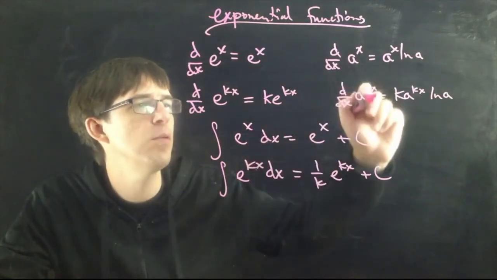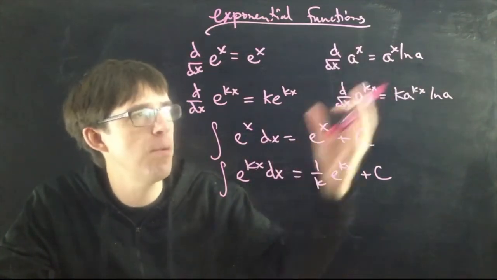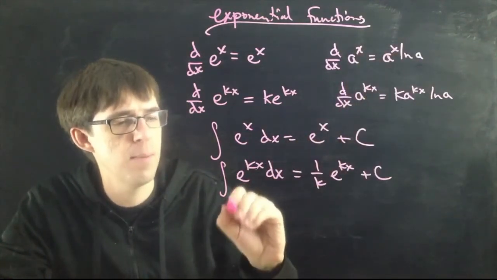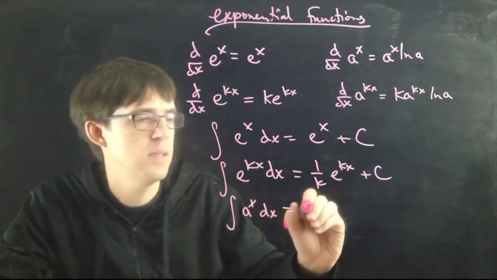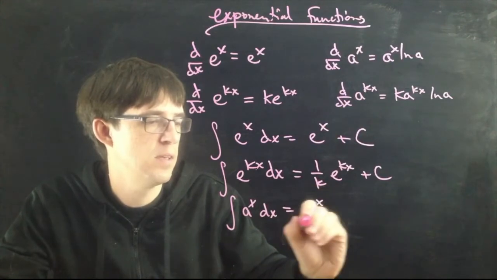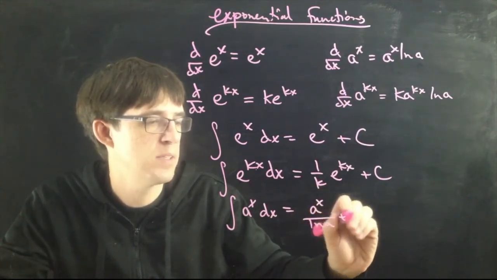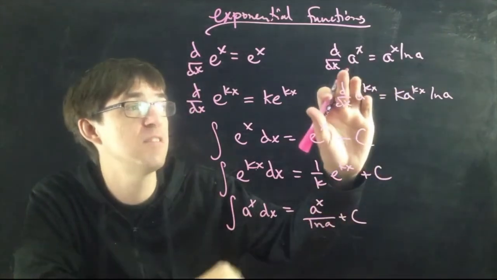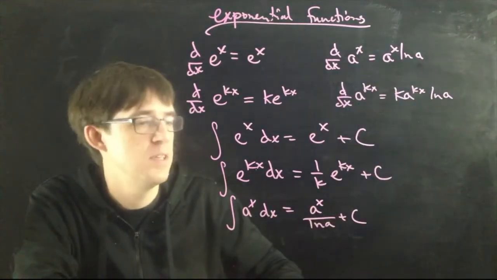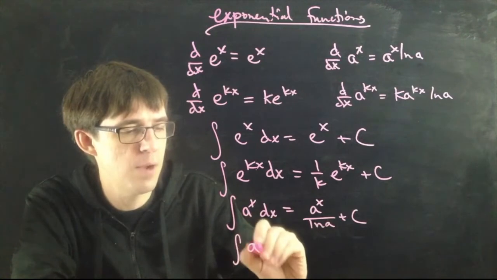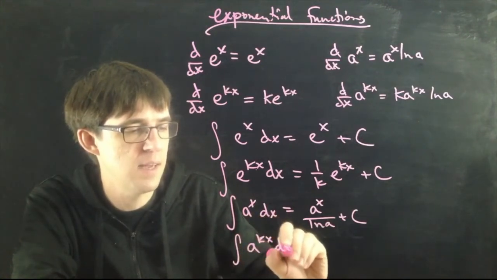Okay, and then similar ones for the a's. They look the same, only they have these extra ln a's in them. So integral of a to the x dx is a to the x divided by ln a plus c, right? In the case of the derivative, you multiply by ln a. In the case of the integral, you must divide. And the most complicated one, integral a to the kx dx.